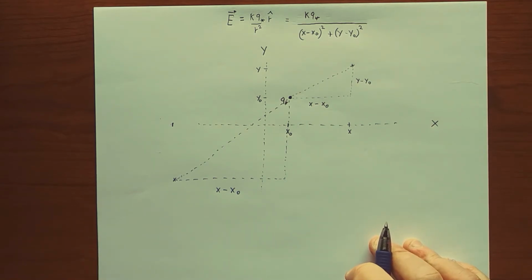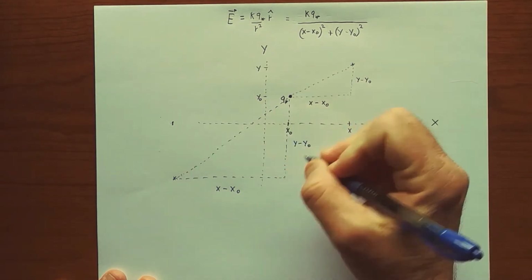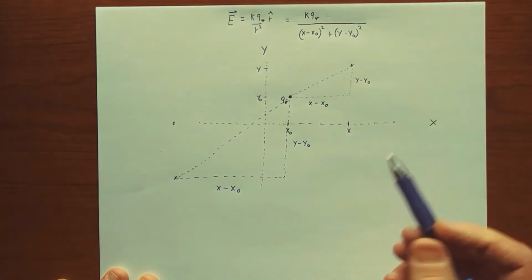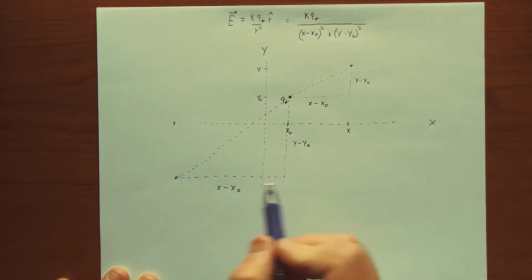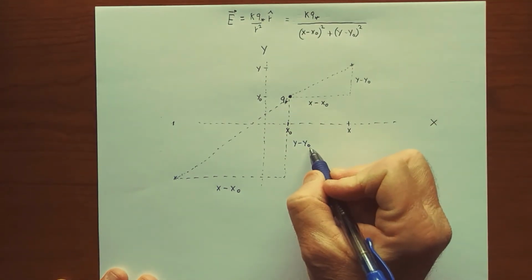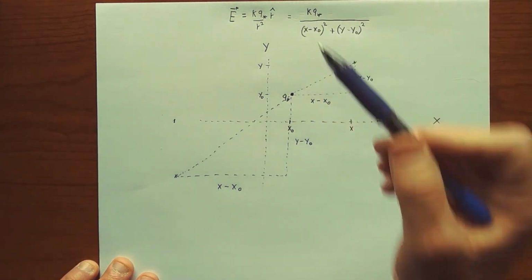But that's going to be some negative value. And this side is still y minus y naught. Put numbers in and satisfy yourself that that's still the case regardless of where that point is. Right? I can move this point anywhere and do this analysis. I'll always get that the r squared is whatever x value I choose minus x naught for the horizontal part, and whatever y value you choose minus y naught for the vertical part. And so this is a completely general expression.